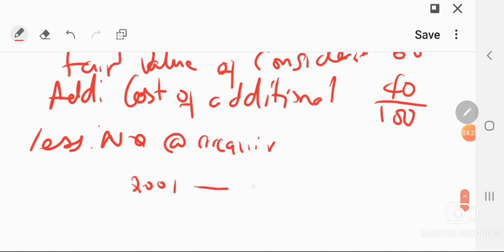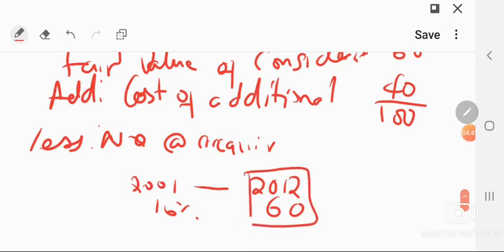Then in 2012 you decide to step up your acquisition. So in 2001 maybe you are 16%. Then in 2012 you say, let's increase our holding to 60. So what do we mean by the net assets at acquisition? You will look at the acquisition as of 2012 and not 2001.